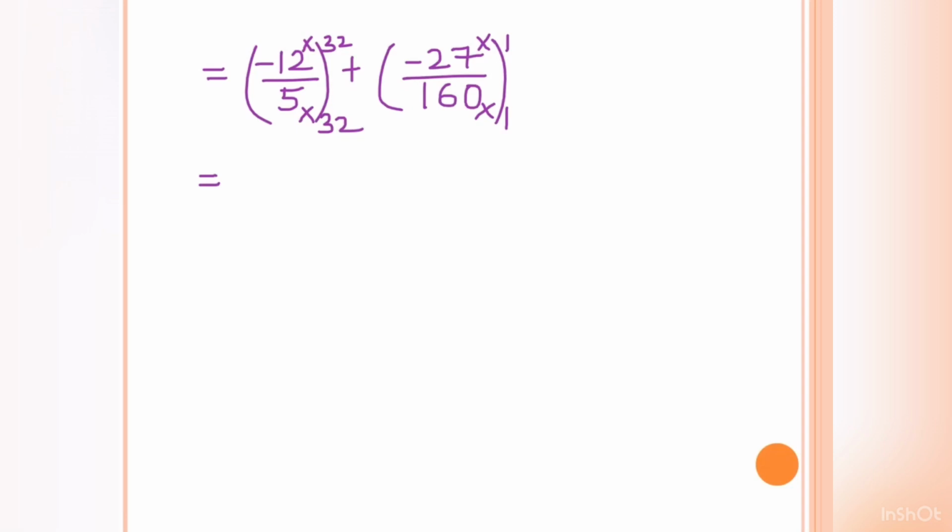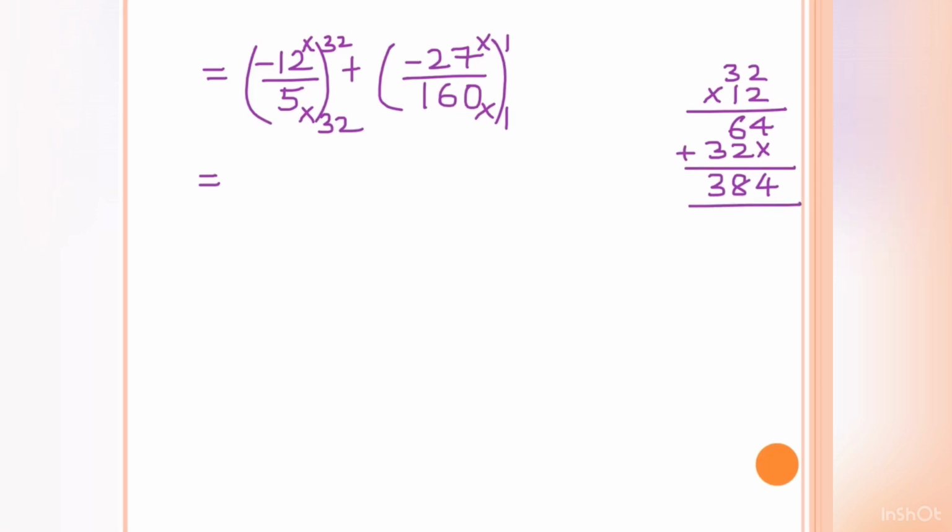So let's multiply 32 times 12. 2 times 2 is 4. 2 times 3 is 6. 1 times 2 is 2. 1 times 3 is 3. Now we will add. We get 4. 6 plus 2 is 8. 3. 384.